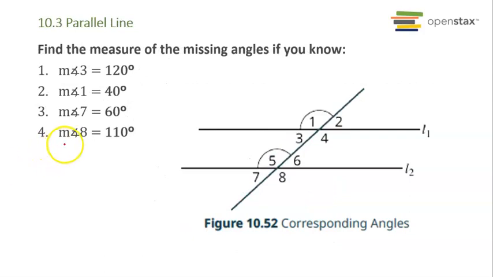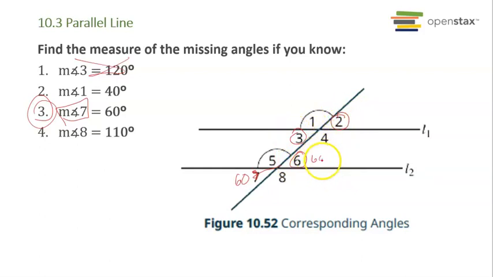So let's say, let's look at number 3 here. If the measure of angle 7 is 60, this is a 60 right here. That means 6 is a 60. There we go, 60. 3 is a 60, and 2 is a 60.